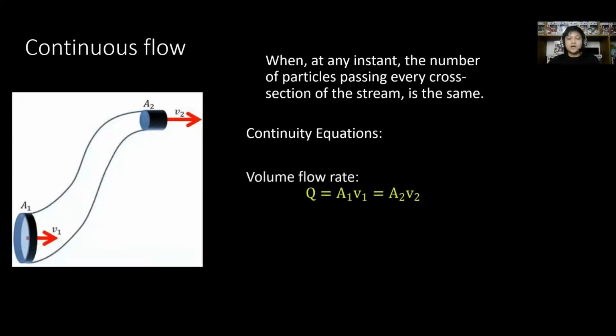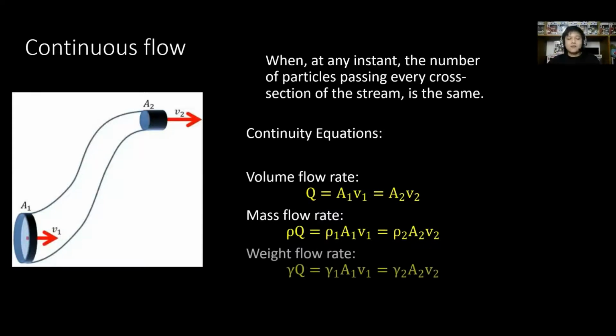For flow rate, Q is equal to A sub 1 times V sub 1 equal to A sub 2 times V sub 2. For mass flow rate, all are multiplied with density, while for weight flow rate, all are multiplied with unit weight. Take note that velocity at a smaller area is larger than the velocity at a greater area.